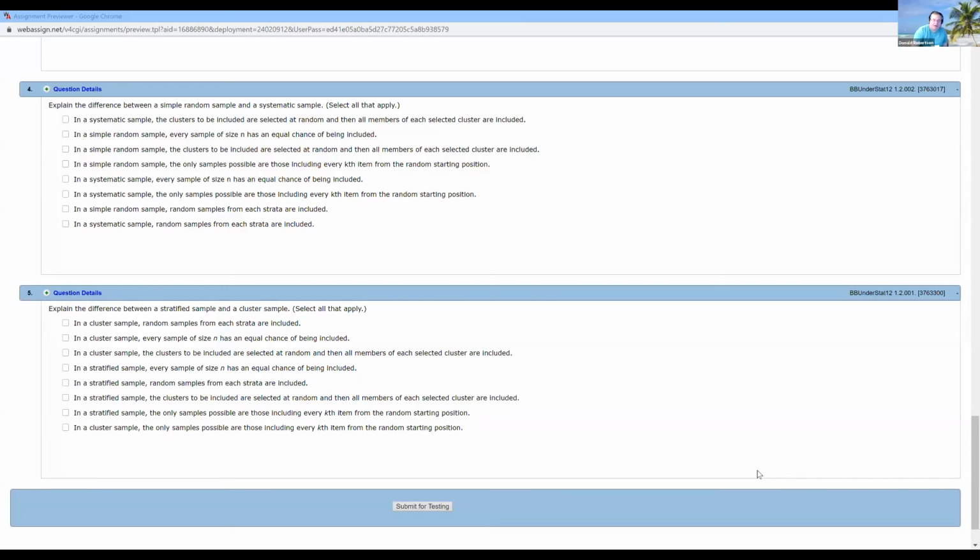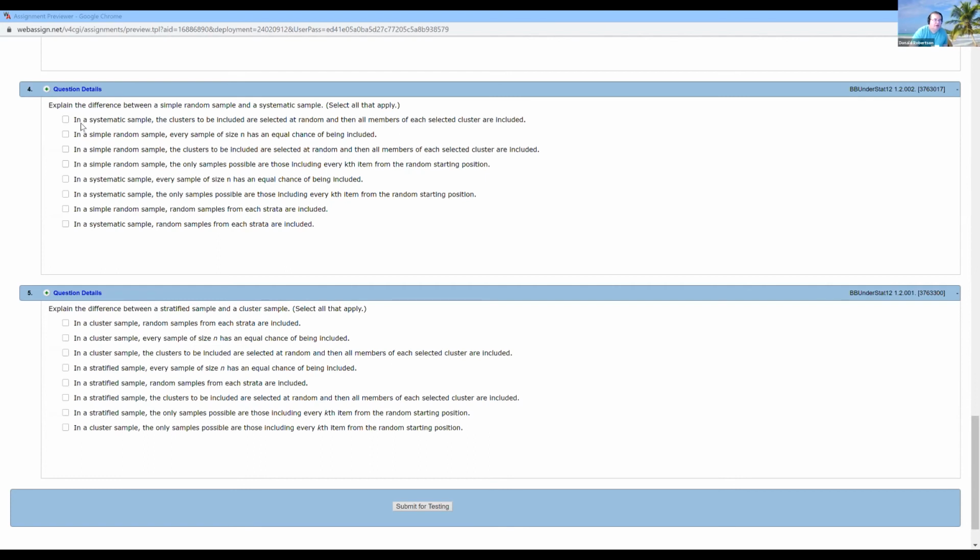What the systematic thing does, you put everything in order. That's the first thing. So you have to have your population, and you have to have guy number 1, guy number 2. You have to put them in order, maybe alphabetically or whatever way you want to do it. And then once you do that, you only pick some people based on every 5th person, or maybe every 100th person in the list. So we should be looking at the question again.